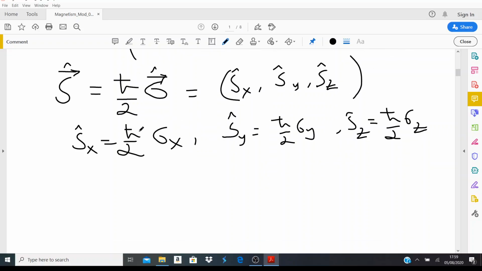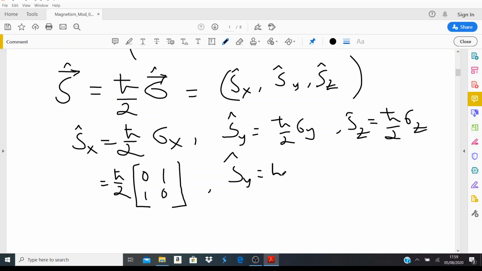And we know the matrix notation of sigma x, sigma y, and sigma z: they are just 2 by 2 traceless matrices. So now we really can write down what sigma x is. This is 0, 1, 1, 0. That means the x component of the spin angular momentum operator is also a 2 by 2 matrix. And what about Sy?